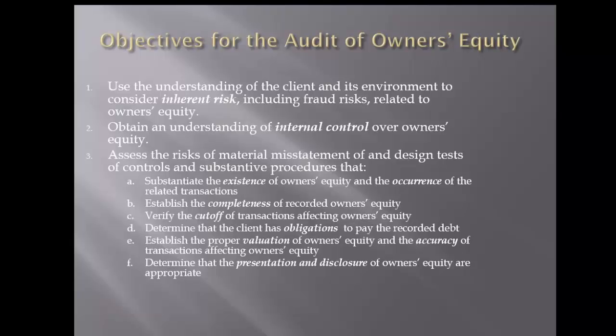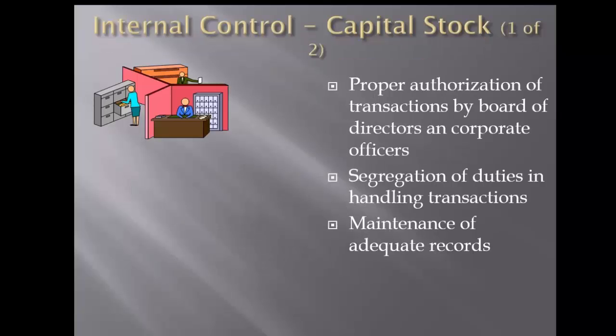So what we're focusing on in the substantive testing is the existence of owner's equity and the occurrence of related transactions. Cutoff, determine that the client has obligations to pay reported debt. Establish the proper valuation of owner's equity and the accuracy of transactions, and then determine the presentation and disclosure are appropriate.